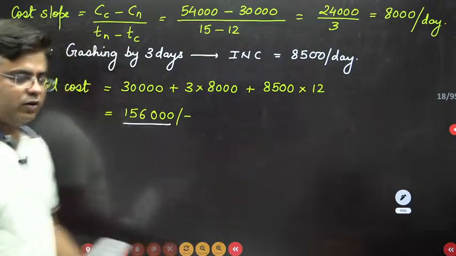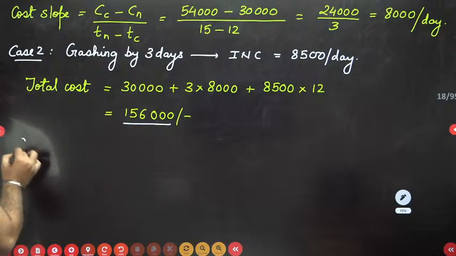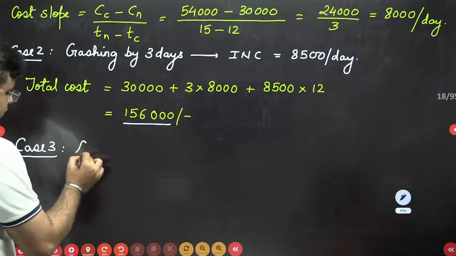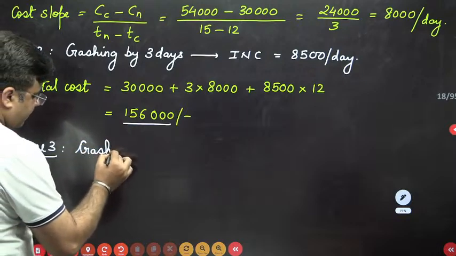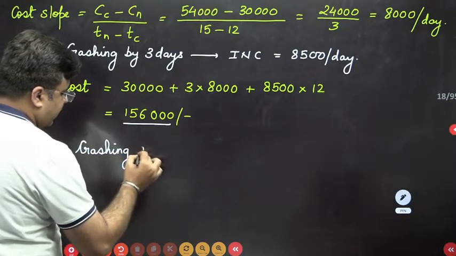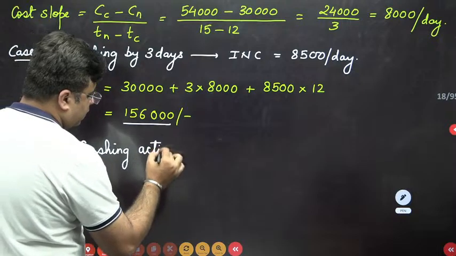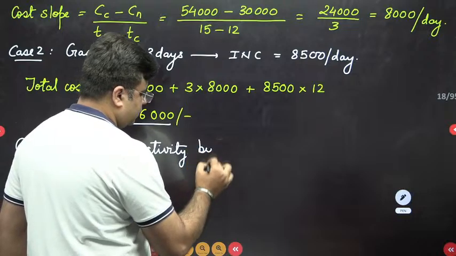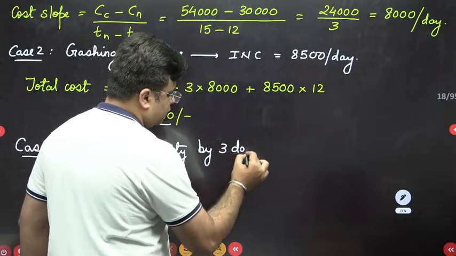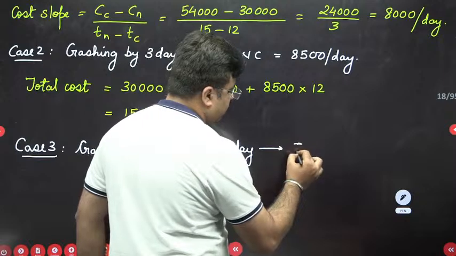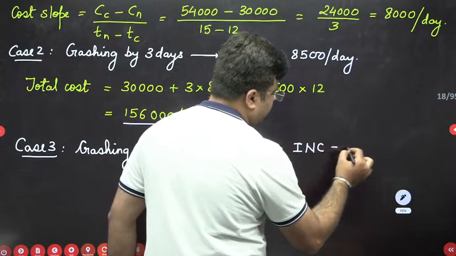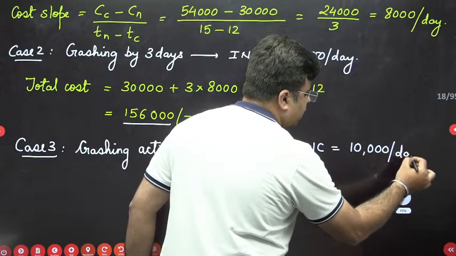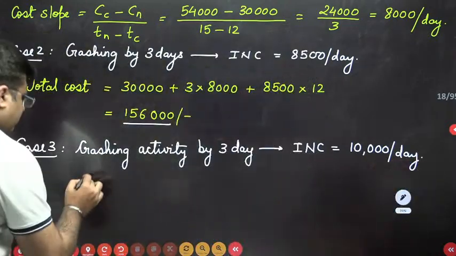Case 3, crashing activity by 3 days, taking indirect cost this time as 10,000 rupees per day. So for this you can calculate the total cost.